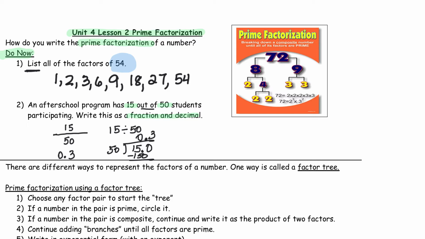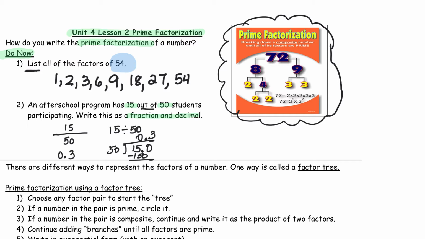If we take a look over on the right, we see that there is a chart here for prime factorization. This is what we're going to be doing today. We're actually going to be making what they call factor trees, a factor tree. And basically what you do with prime factorization is you are breaking down a composite number until all of its factors are prime numbers.